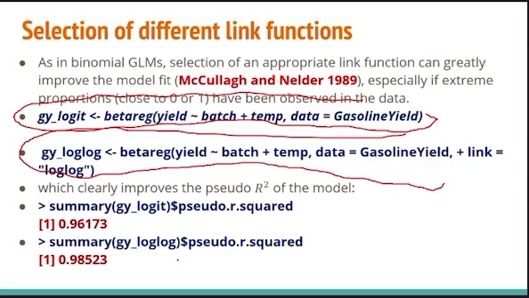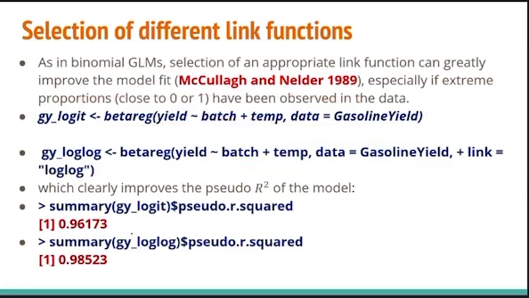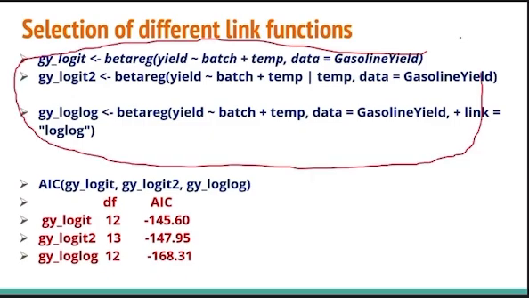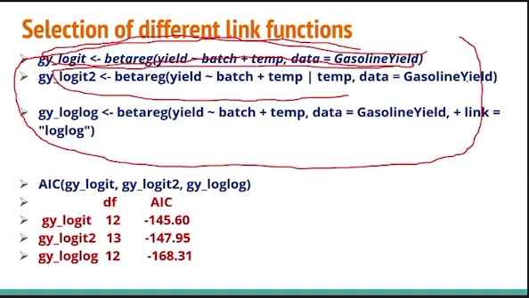So here, I'm trying to look at the effect of the link function. With the complementary log, you can see the R square is very high. And if you take a look at this, I have 3 models. I want to see which one is the best. The first model is when I use the logit, and I did not use any variable as a dispersion variable. The second one, I use a logit, but I use temperature as a dispersion variable.